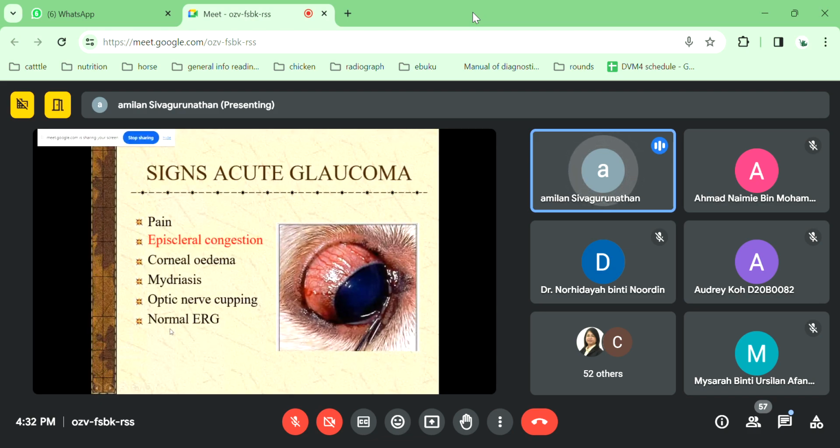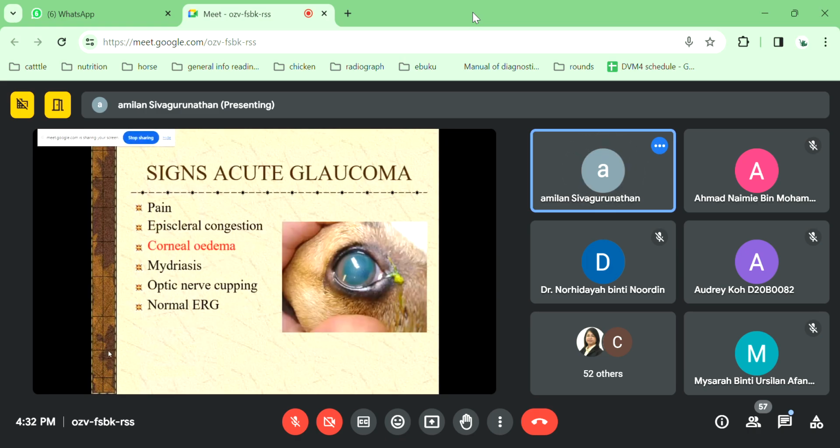ERG refers to a very specific electroretinogram test that we do here to measure retinal function before surgery, so that our clients at least understand the condition of the patient before they proceed. Signs of acute glaucoma can include pain again with corneal edema, dilated pupil, optic nerve cupping inside, and a normal ERG.